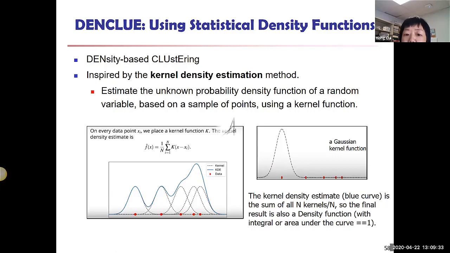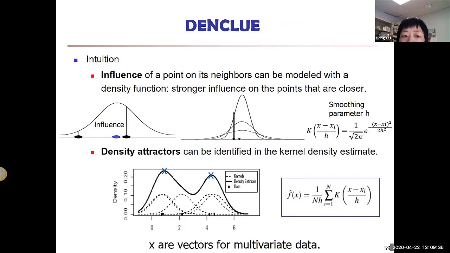Okay, so that's the idea. To emphasize, to further this, when we look at the kernel function, we have x minus x sub i. So this shows us that we can use the Gaussian kernel to quite intuitively model the influence of a point on its neighbors. This point has a stronger influence on this point.